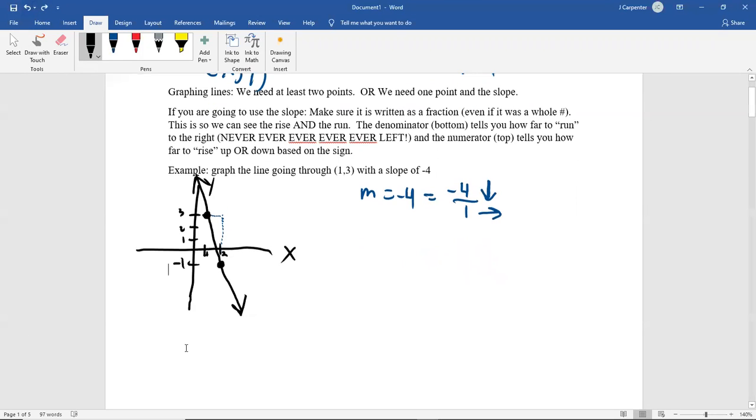All right, let's try another one. Graph the line going through -2, -5, slope 7.